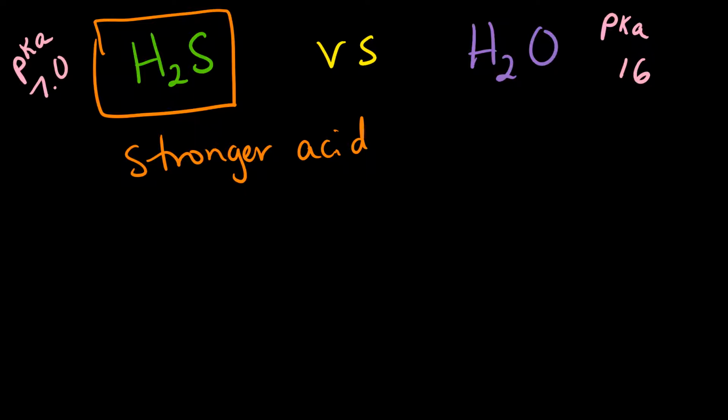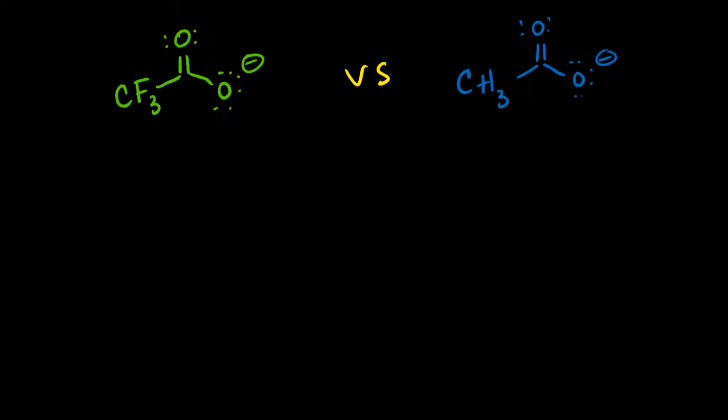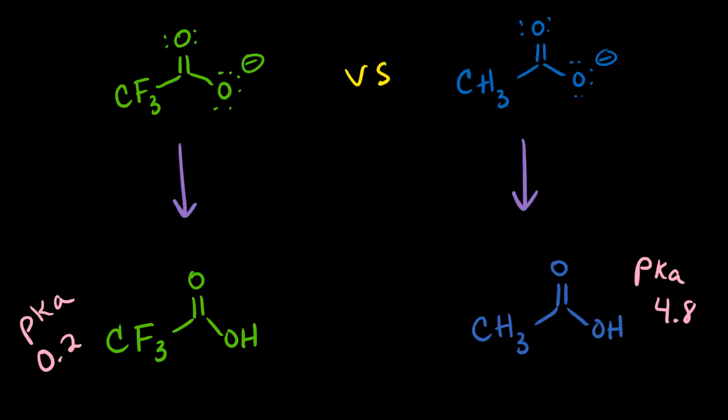And the short answer to that question is because SH- is a weaker base than is OH-. But that kind of feels like we're talking in circles right now. We need to get to a little bit better explanation of what is really going on. I can do the same kind of comparison between trifluoroacetic acid, which is shown on the bottom left in green, and acetic acid, which is shown on the bottom right in blue.